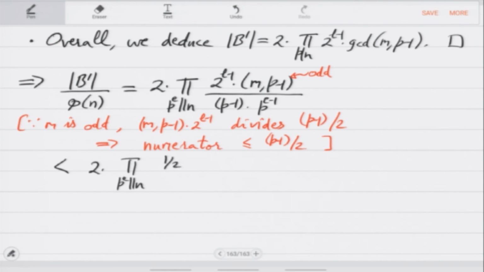We put half here and p raised to e minus 1 here. Okay, so we will proceed in the next class. Soon we will get that this number seems to be quite small. We'll just have to look at some cases and actually formally prove that in all cases it is at most 1 by 4.